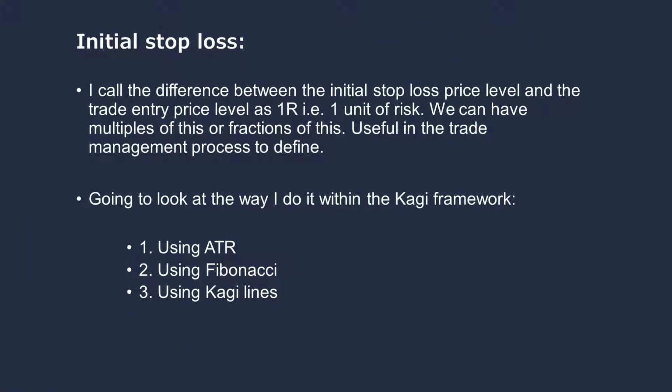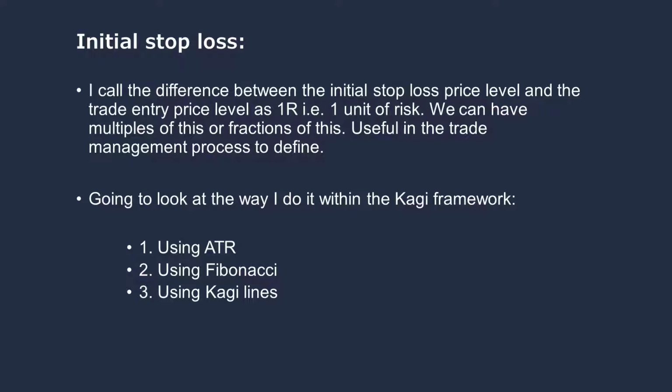So we're going to look at creating that initial stop loss point, and I call the difference between the initial stop loss price level and the trade entry level 1R, i.e. 1 unit of risk. We can have multiples or fractions of this risk level, and it's useful to define in the trade management process.